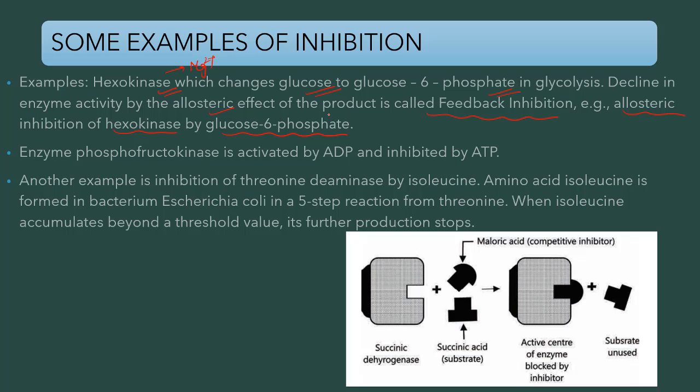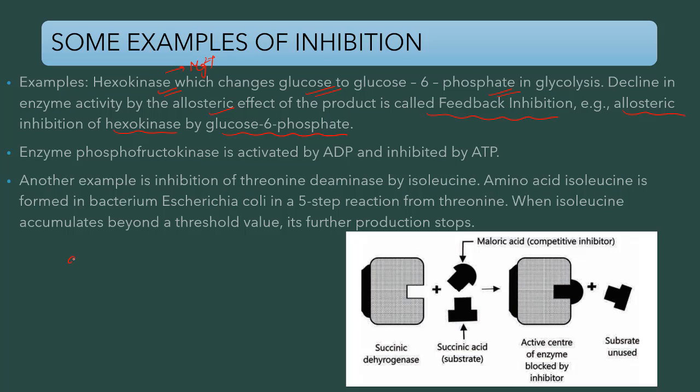They are trying to tell that if the glucose concentrations in blood are high or low, then accordingly the feedback inhibition is generated. So hexokinase will change the glucose into glucose 6 phosphate.